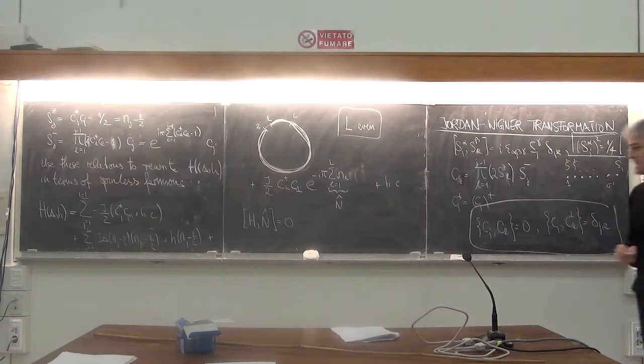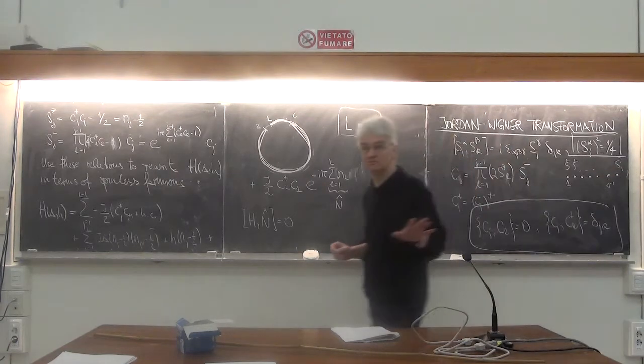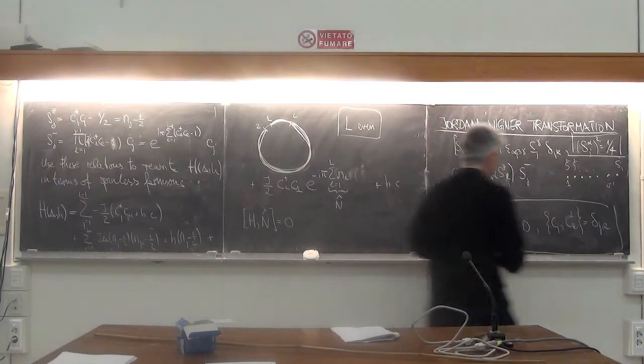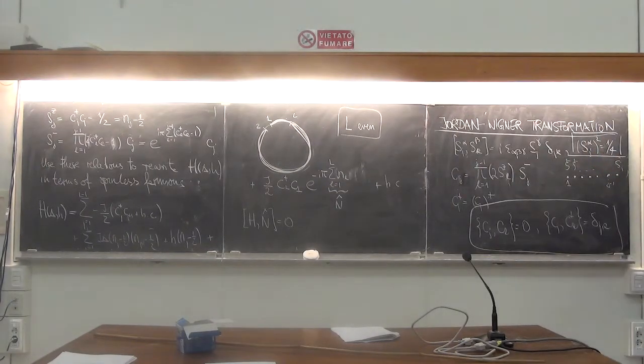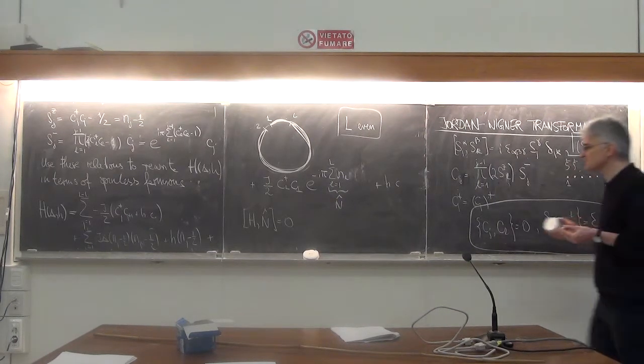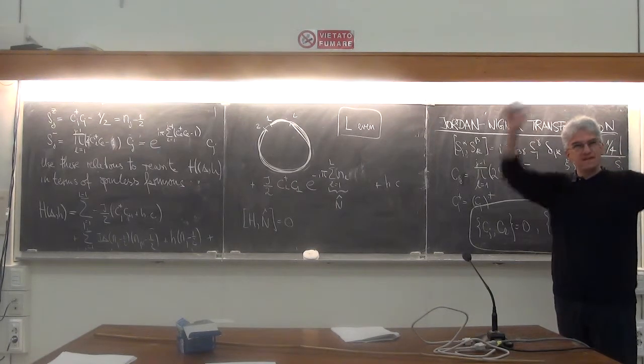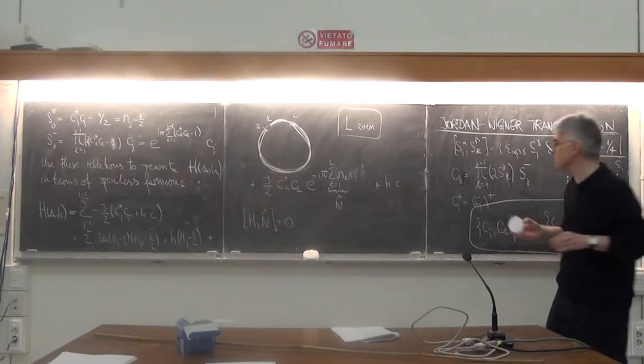So that basically tells you the fermion number is conserved. Okay, and that means it's legitimate to consider even fermion number or odd fermion number separately, because the Hamiltonian doesn't mix them. Alright? So you basically block diagonalize the Hamiltonian into a block for even fermion number and a block for odd fermion number.